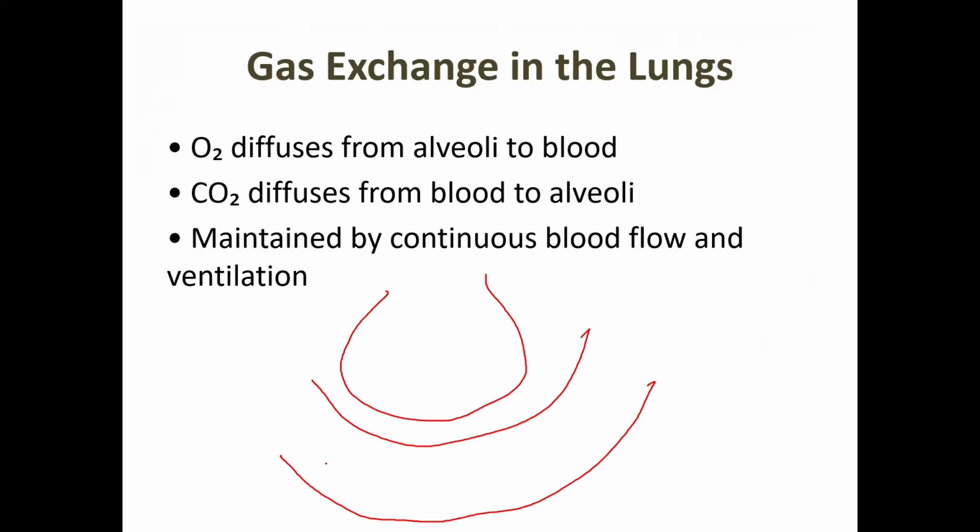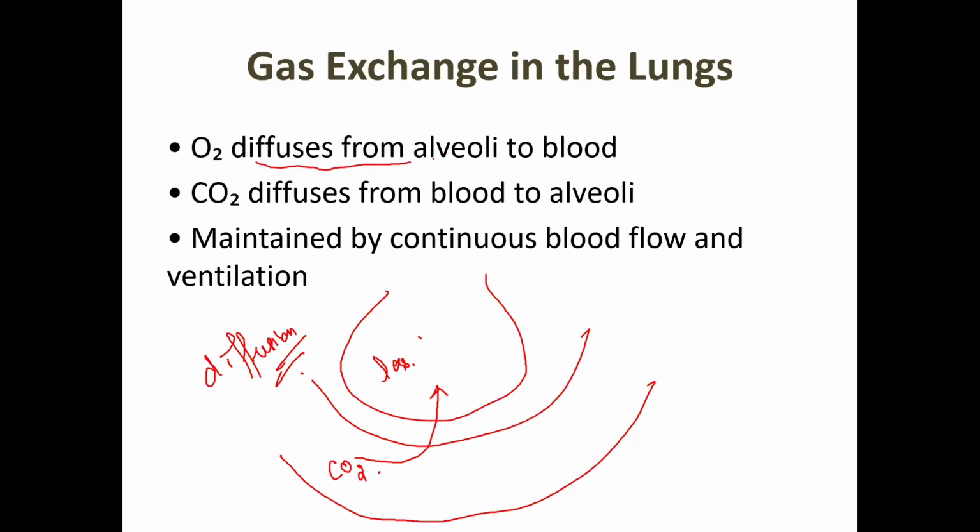This blood comes with the carbon dioxide. Inside the alveoli there is less carbon dioxide concentration. So carbon dioxide goes from the high towards the low region. This is again called diffusion. So this is the exchange of carbon dioxide. It happens by diffusion, the movement of gas from high to low concentration.